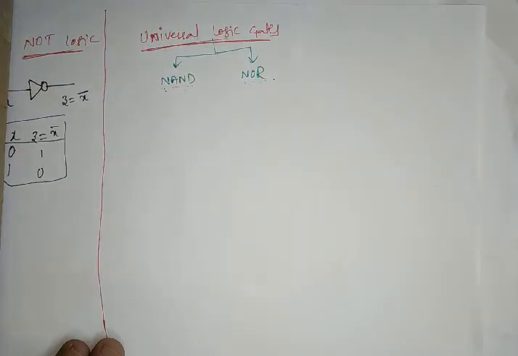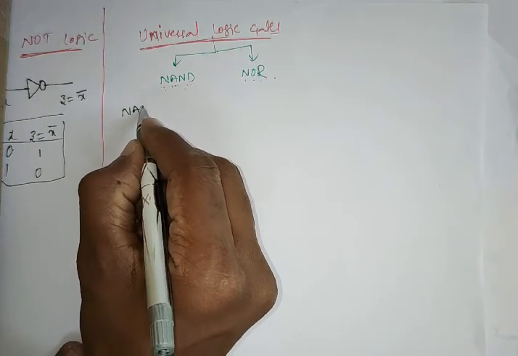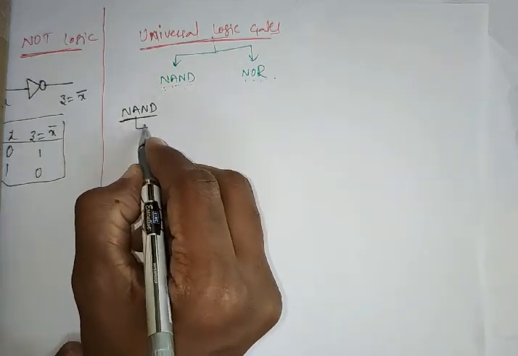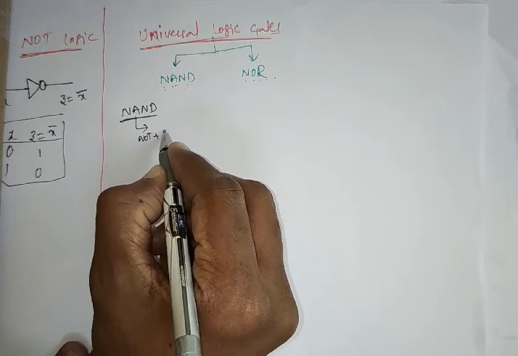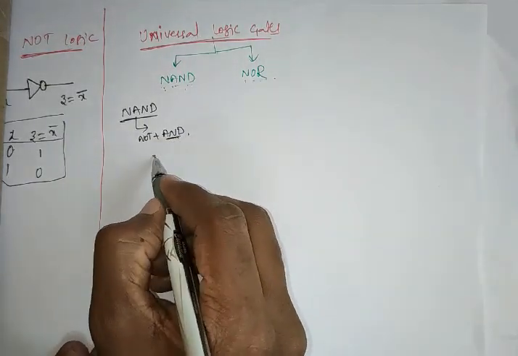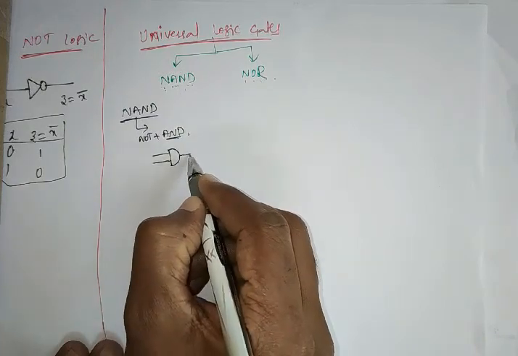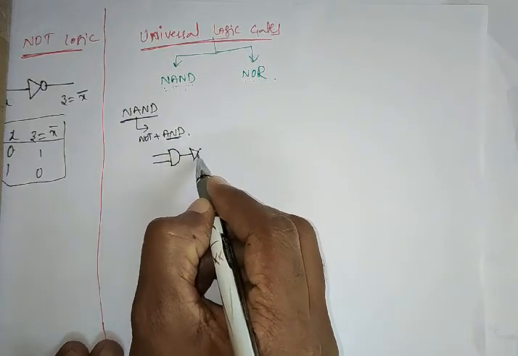So now we'll see. First we'll discuss NAND logic, NAND gate. Here it is NOT plus AND. First I am representing, that is a AND symbol, that is a multiplication plus NOT gate.